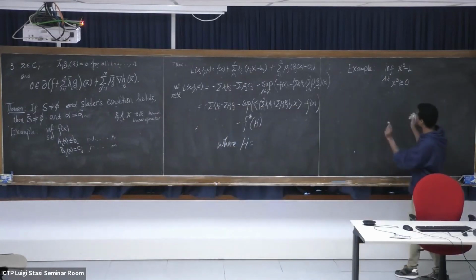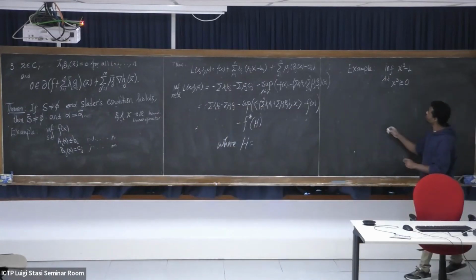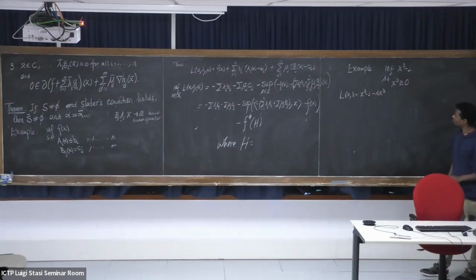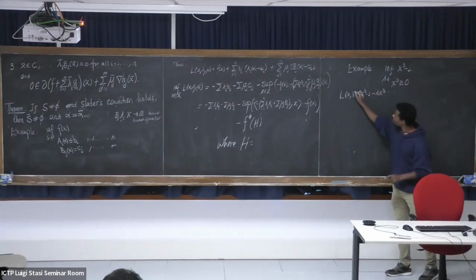In R, we are discussing in R. So the Lagrange function is, right, this is equal to x cubed minus 1, less than or equal to... the negative is this one, right? Lagrange function is this.